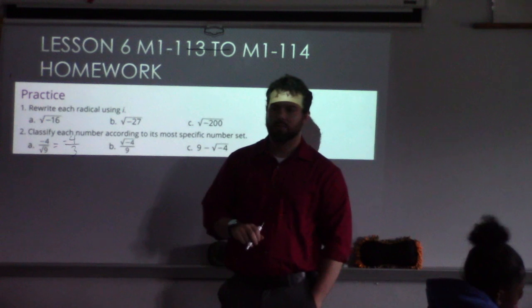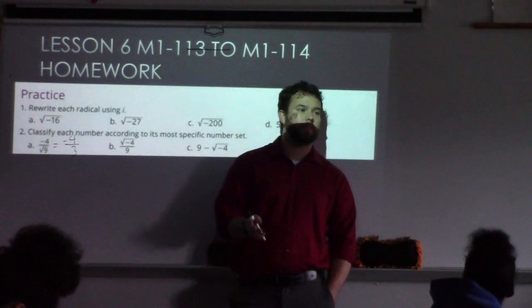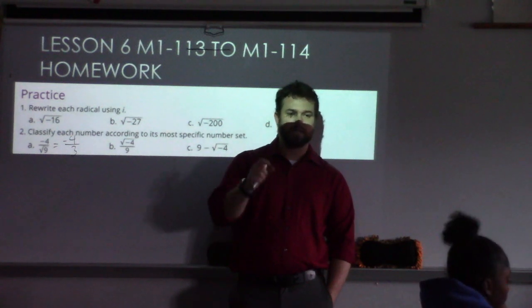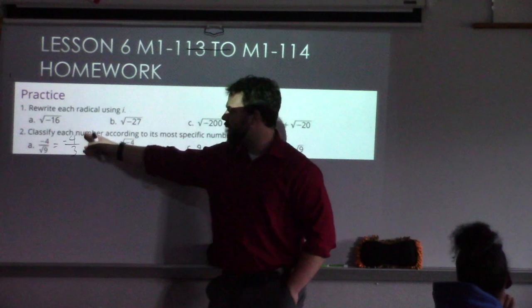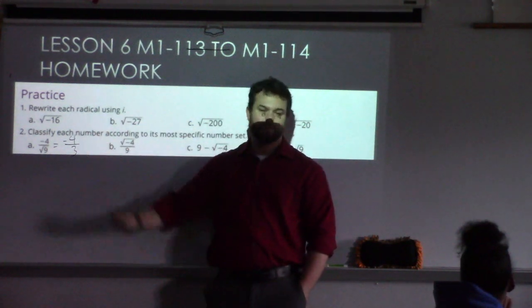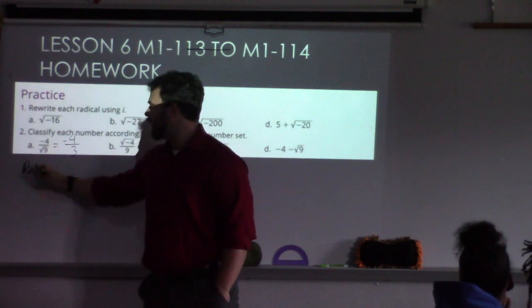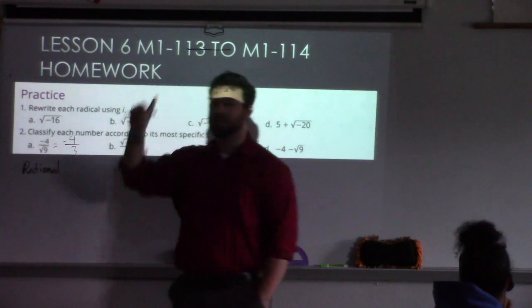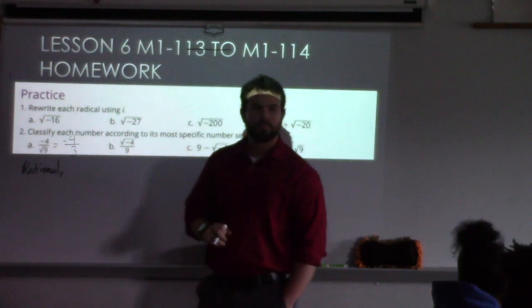Rational number. So remember, just because there's a square root there doesn't automatically make it irrational. I can take the square root of 9 and get 3, since it's a perfect square, that is now a rational number. It's a ratio of two integers. That's why it's called rational. So if it's rational, what else does it fall into? You can use the symbol or write the word out.